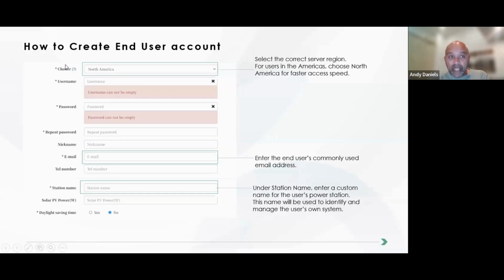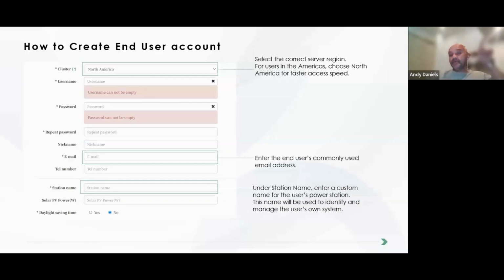So remember that here you have to select the correct cluster. There are two times that you have to be vigilant of choosing the correct location. Number one, when you're registering an account, because this will put it on the correct server. And the second time, which we'll do a little bit later in the upcoming training, is when you are pairing a dongle to the Wi-Fi; the dongle will also ask you which server it needs to ping.